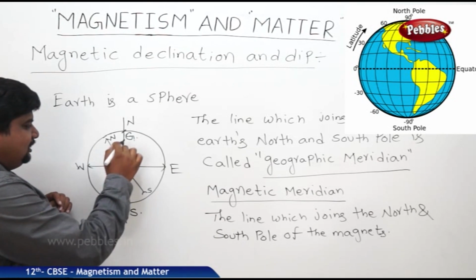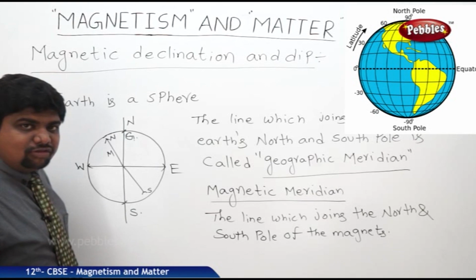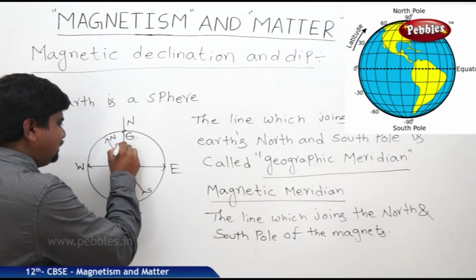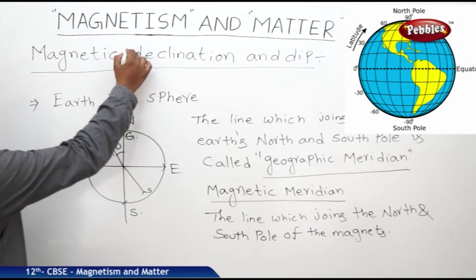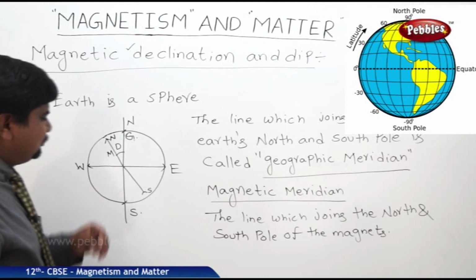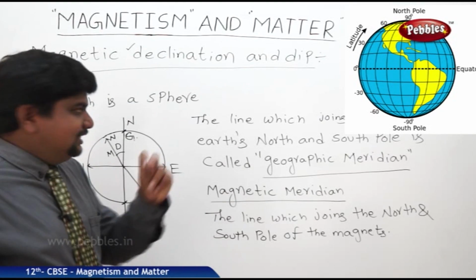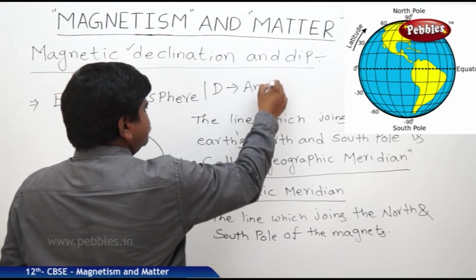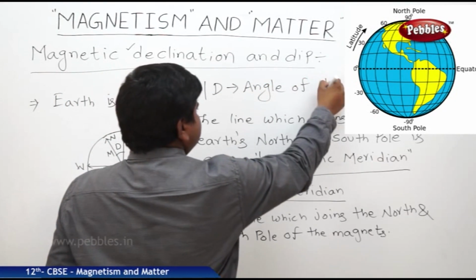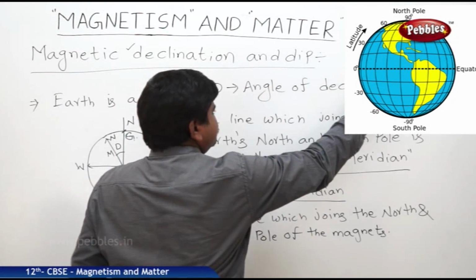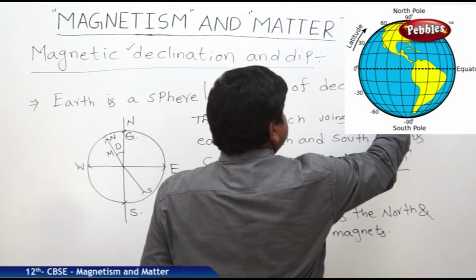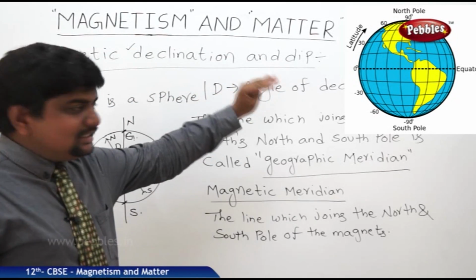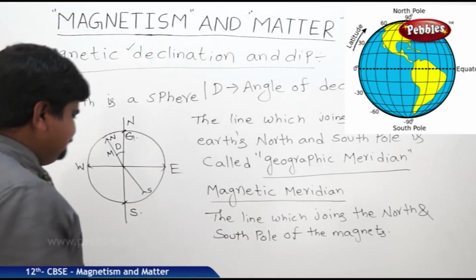So this one is making an angle with the north and south poles of the Earth. This is said to be the angle of declination, where D is equal to the angle of declination. This is also called magnetic declination, or simply declination.